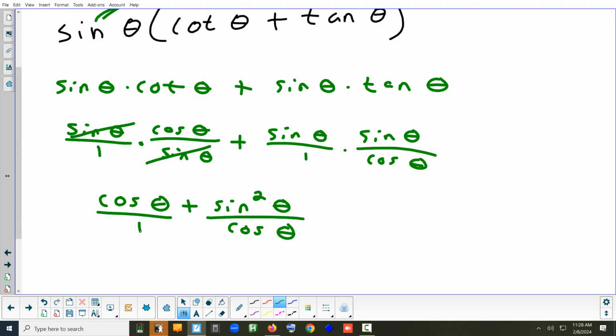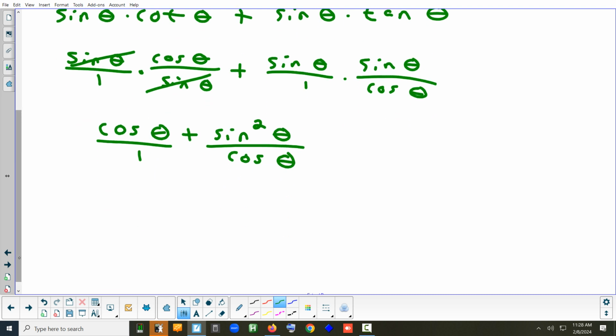All right. So we've used the trick of changing everything to sines and cosines. What's the other trick that I mentioned? We need to make it so it's a common denominator. We want to find a common denominator. So what's the common denominator between 1 and cosine?